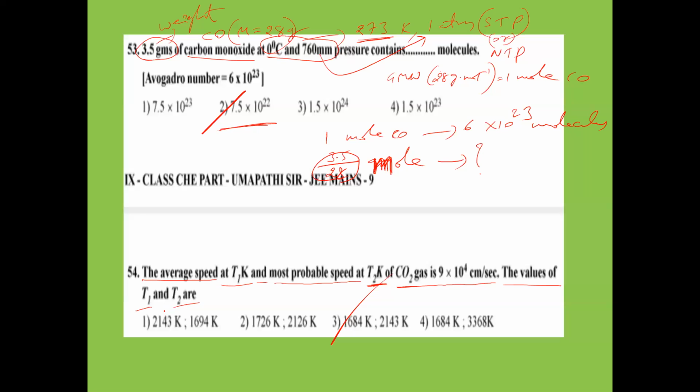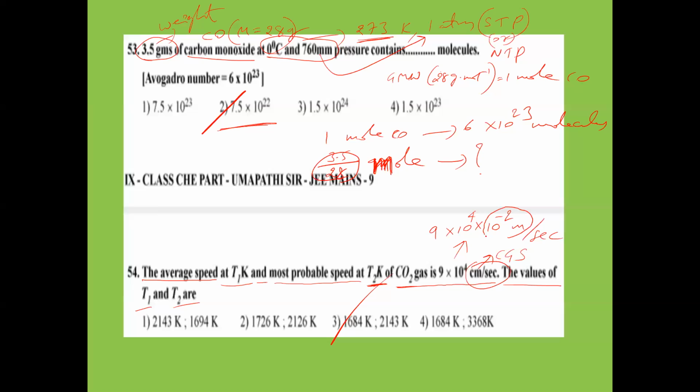Here it is given in centimeters per second, CGS units. If you want to convert into MKS, meters per second, 1 centimeter is equal to 10 power minus 2 meters. That's why we write 9 into 10 power 4 into 10 power minus 2 meters per second.